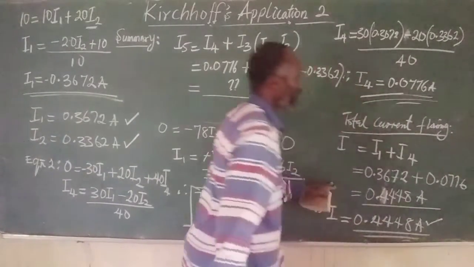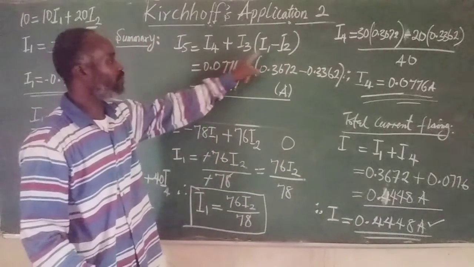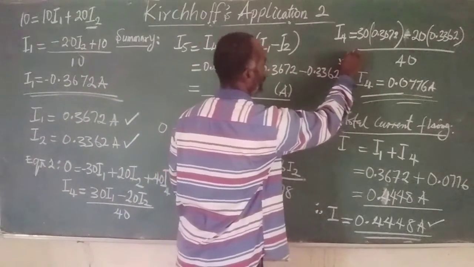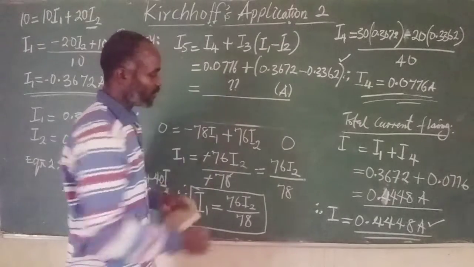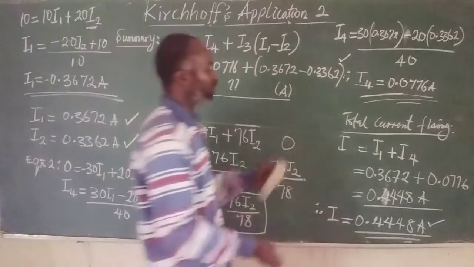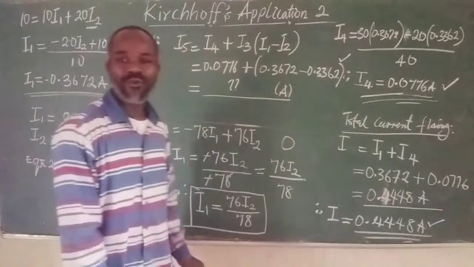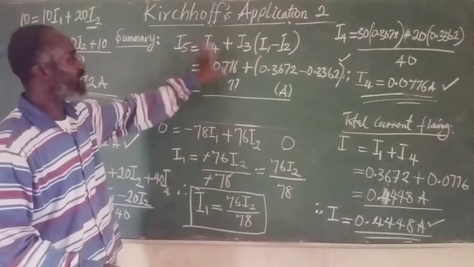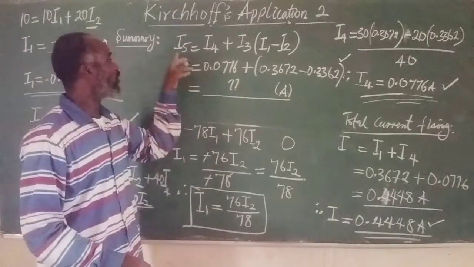We should have found the value of I3 before this, but with this, we can find the value of current 3, and finally the value of current 5. Also recall we found the value of current 4. So we have done well. Simple addition or subtraction here will give you exactly the value of current 5.